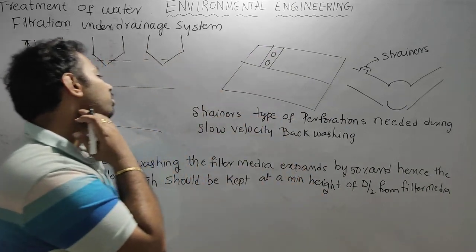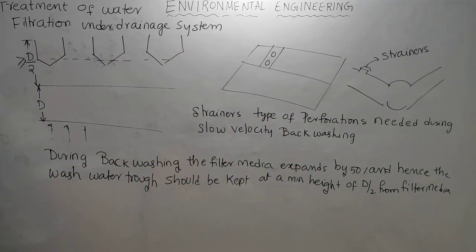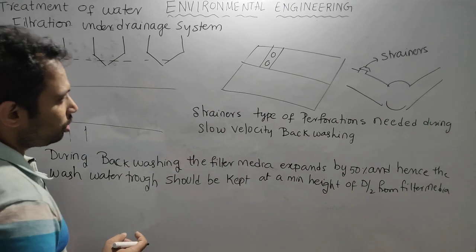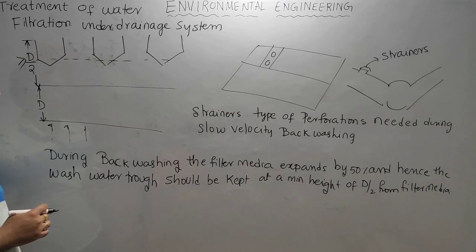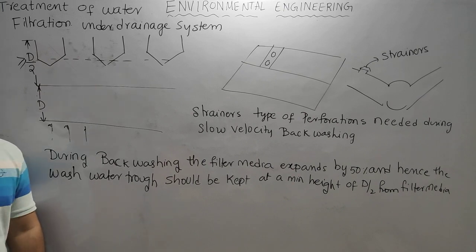If you are doing high velocity backwashing, then it is not that important to have the strainer. A strainer kind of lateral is used for slow velocity. We are sending compressed air also through this lateral, which is why it is necessary to have the strainers, to have uniform distribution of the compressed air. These strainers are not needed in case of high velocity backwashing.